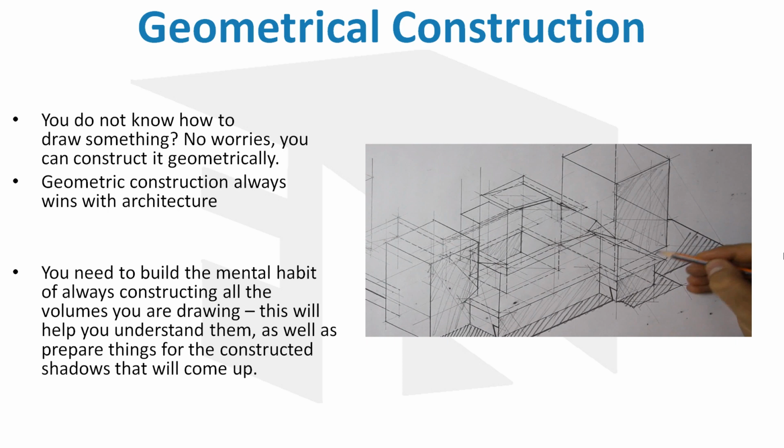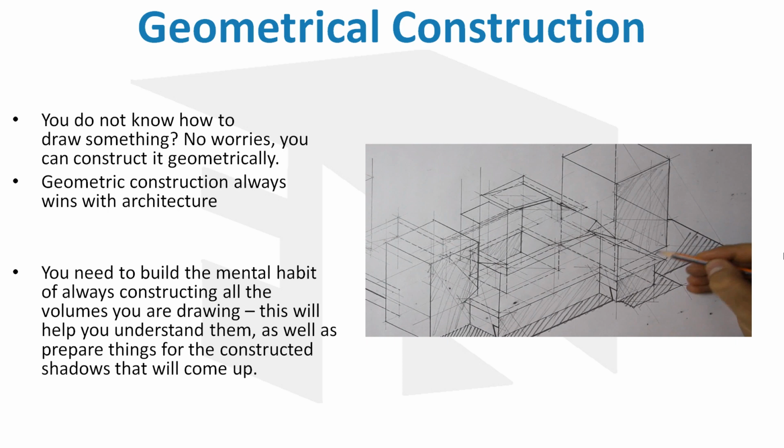Okay, so the fundamental principle behind technical drawing is geometrical construction. So you probably don't know how to draw something, okay? That's fine, you geometrically construct it. That's the gist of the thing. Okay, so basically you start with the 4 types of lines, with the construction lines, and you slowly but surely construct the volume.